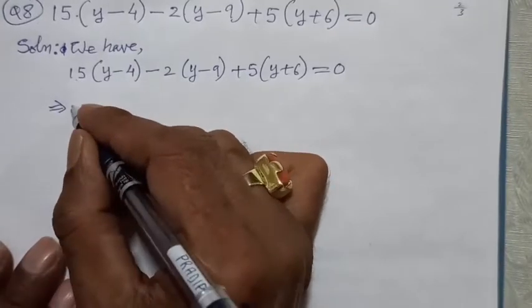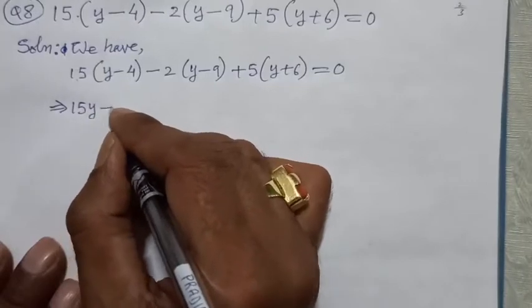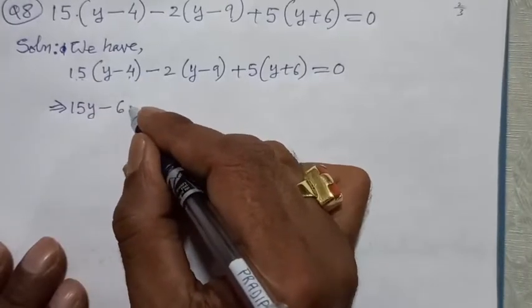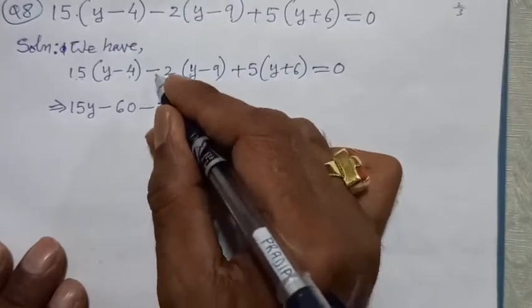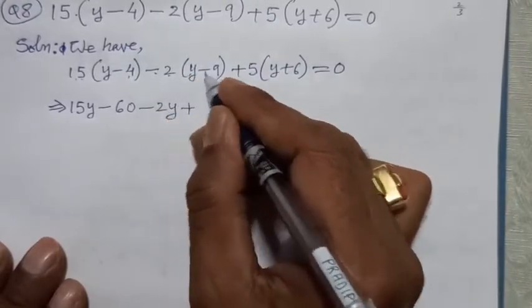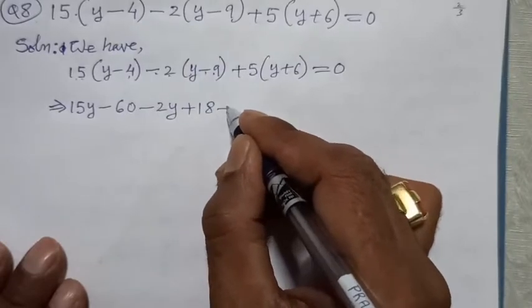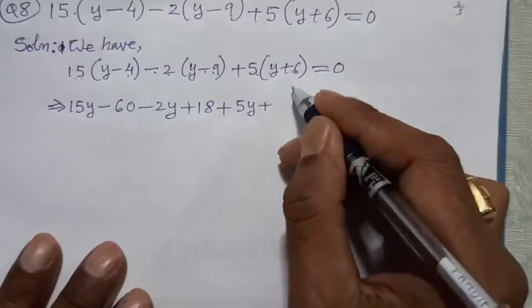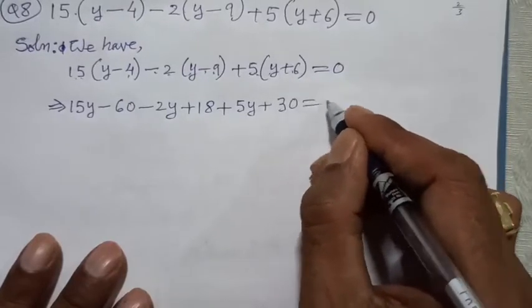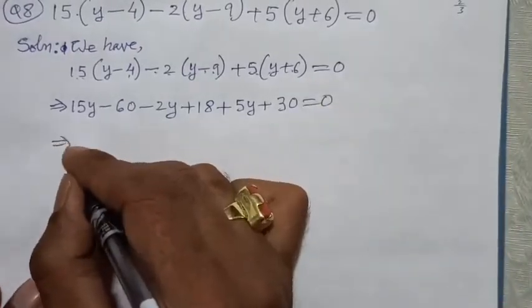15 multiply y, 15y, 15 multiply 4, 60, minus 2 multiply y, 2y, minus into minus, plus sign, 2 into 9 is 18, plus sign, 5 into y is 5y, plus sign, 5 6 times is 30, is equal to 0. Now next steps.